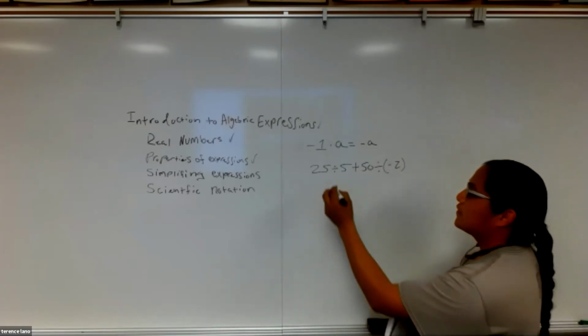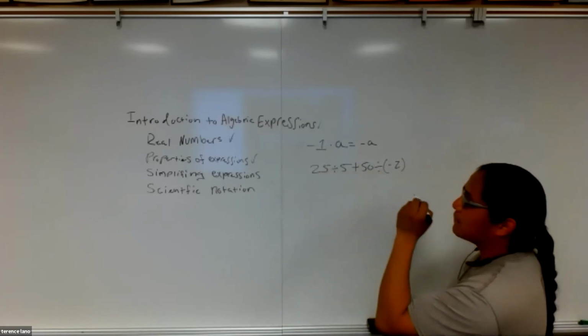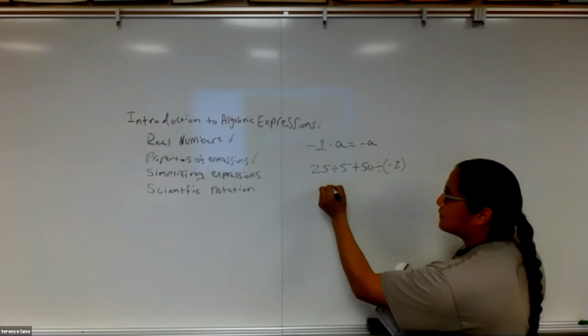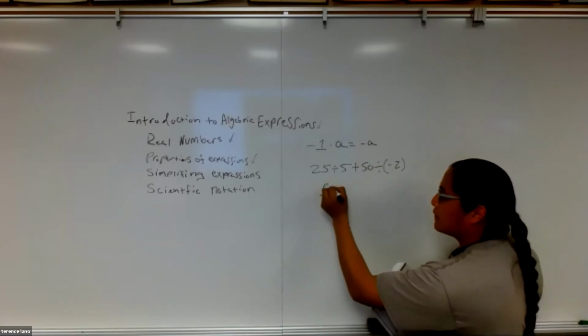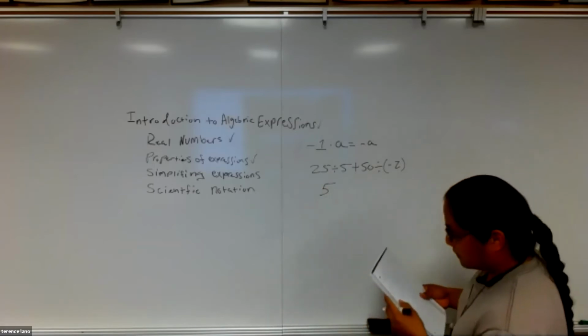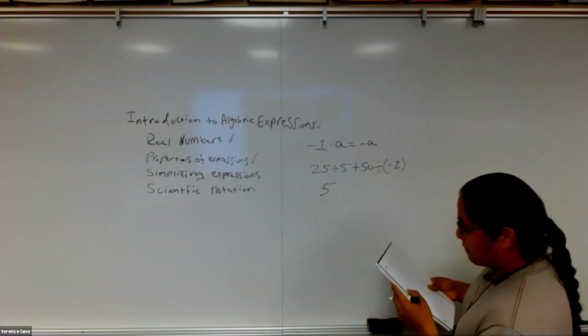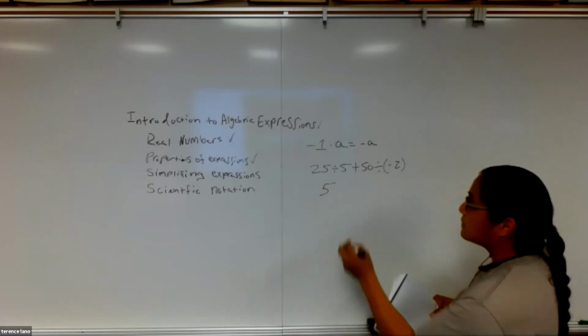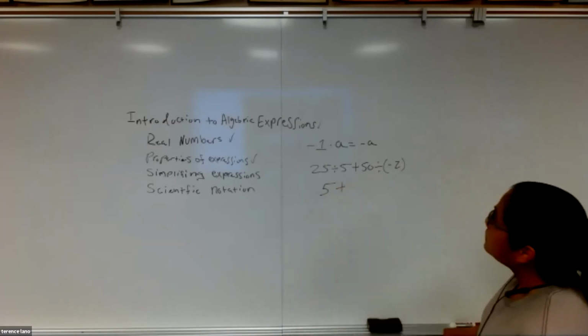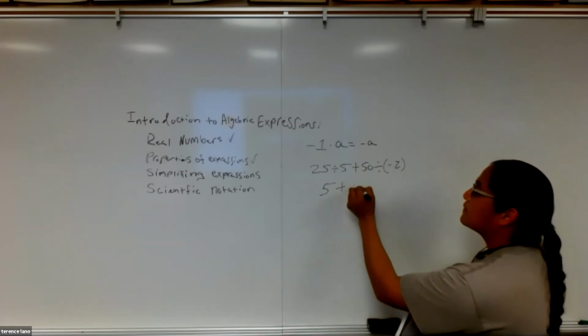So when we have 25 divided by 5, that's going to give us 5. Plus -25.